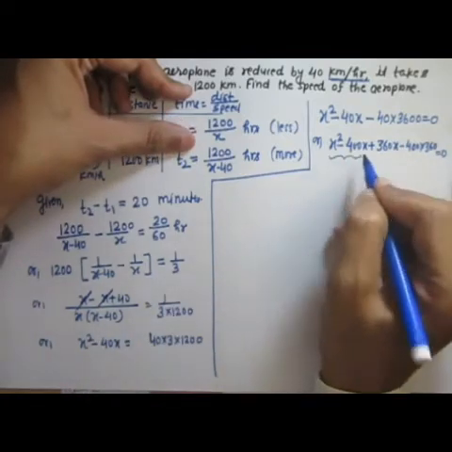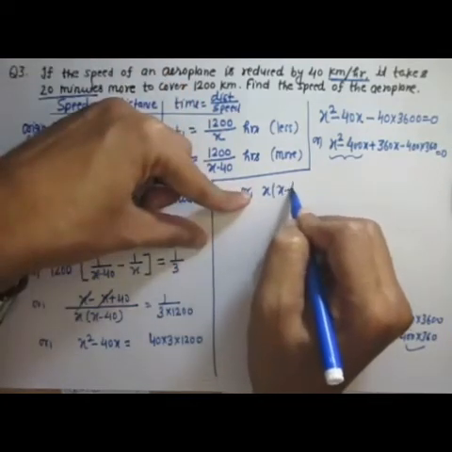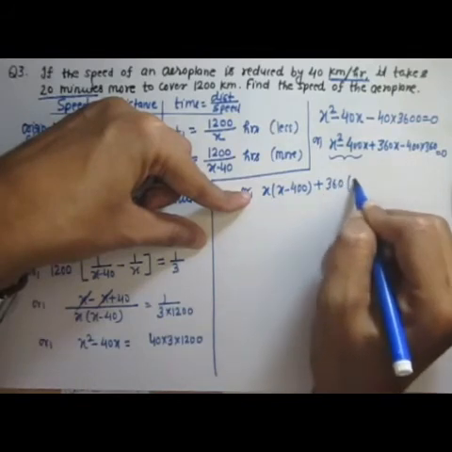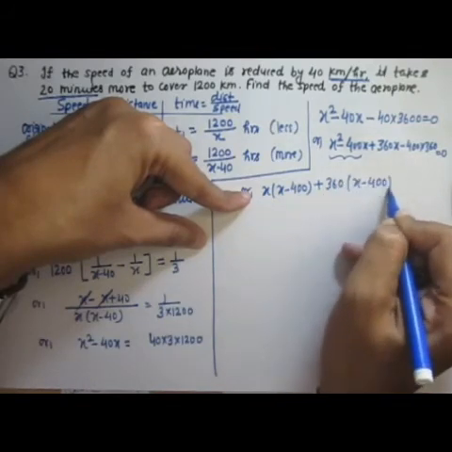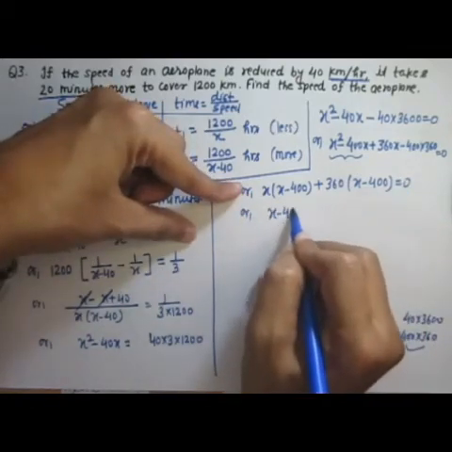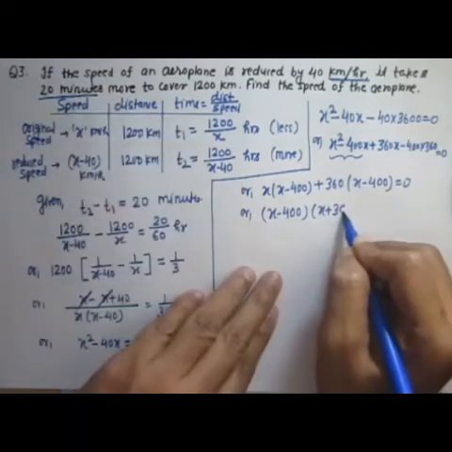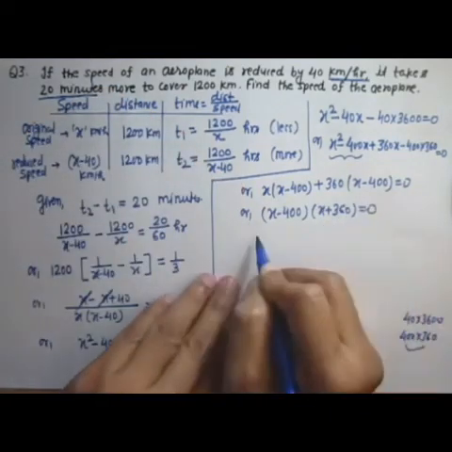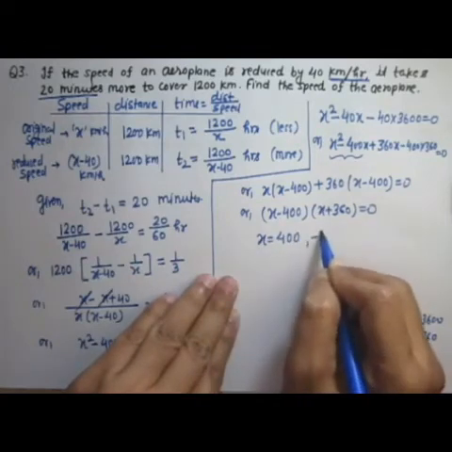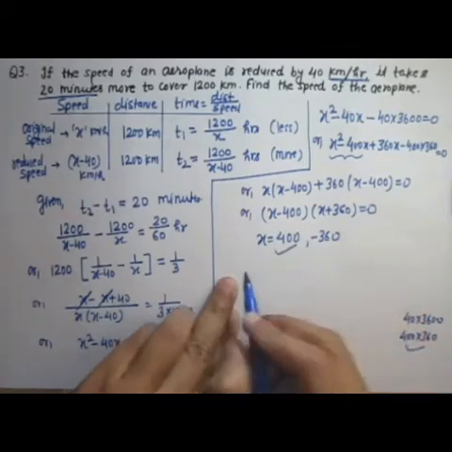Now from these two we can take common. x is common, so x minus 400, and plus 360 common, so x minus 400 equal to 0, or x minus 400 into x plus 360 equal to 0. So we are getting x is equal to 400 from here and minus 360 from here. Speed cannot be negative, so we will take this value only.